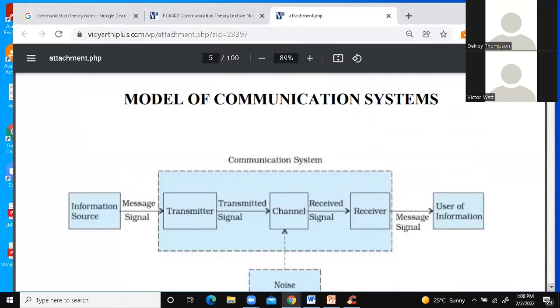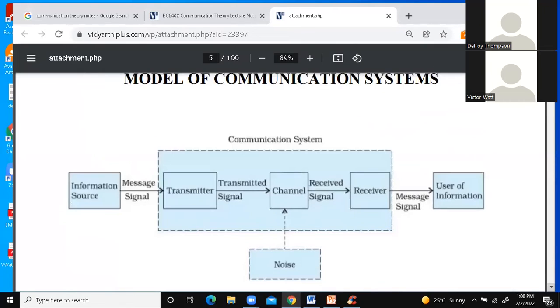This is a model. Just a model. There are various types of communication systems.